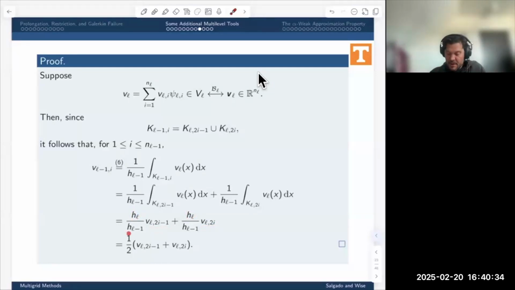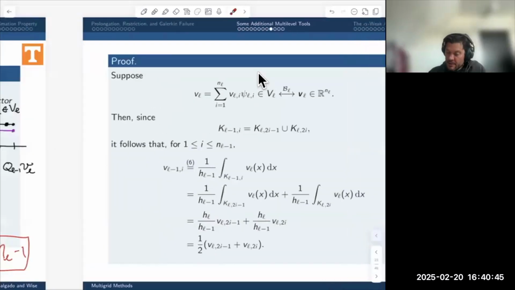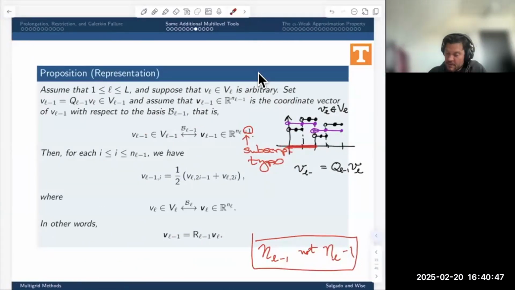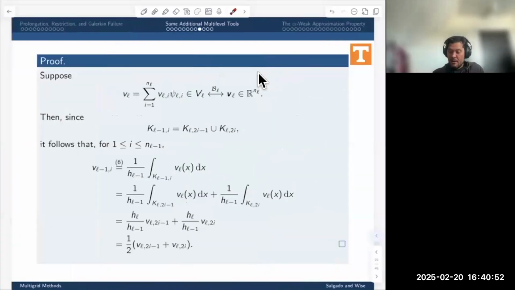Now, I just realized that H_L and H_{L-1} are related to each other. In particular, H_L is 1/2 the size of H_{L-1}. So here's my H_{L-1}, and my interval on H_L is half the size. Because of that, I get a cancellation of some terms, and I just get a 1/2 out front. 1/2 times this, 1/2 times that.